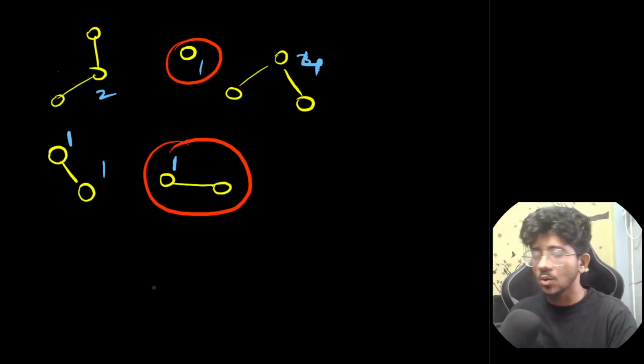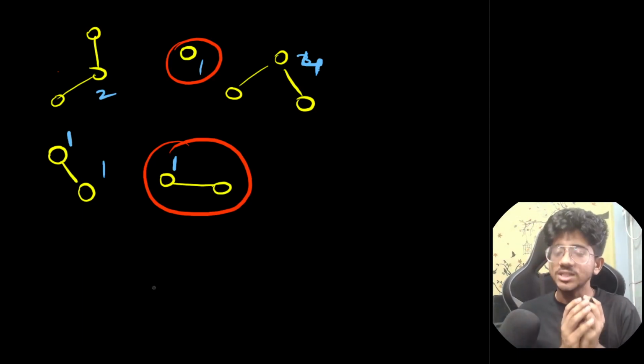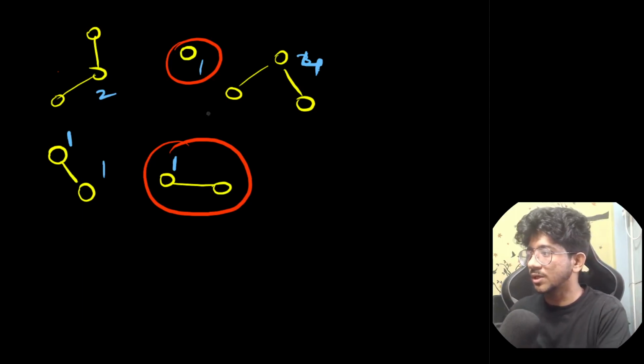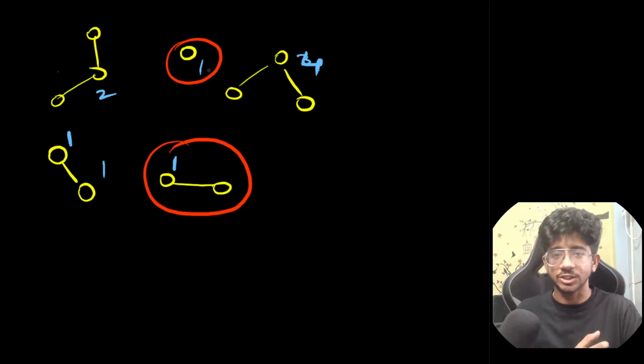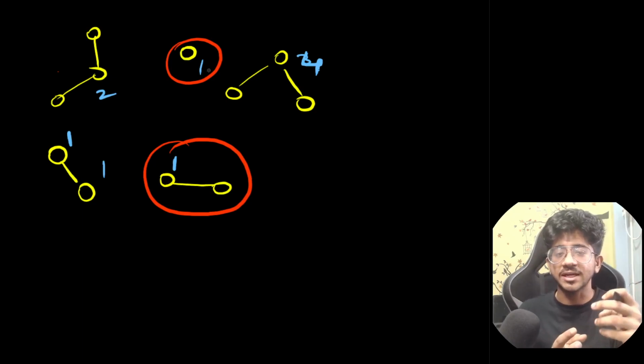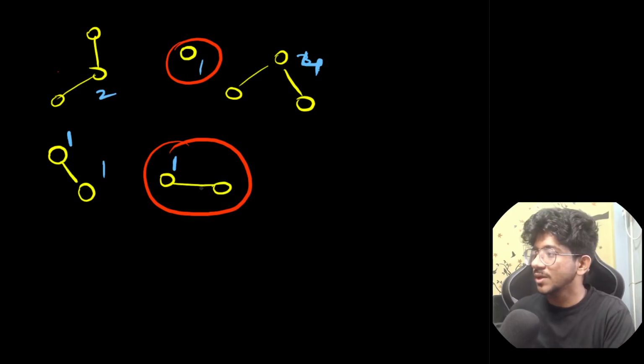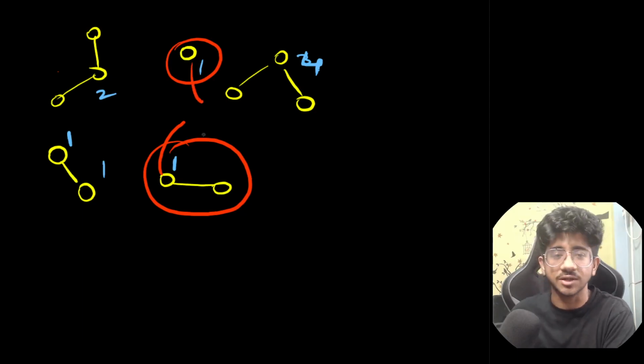Okay, why? Because once you have a component, it's either an internal node or a leaf node, right? So think about this particular portion that we're going to build using the rest of the nodes. It's either going to be exposed with just one edge, or it's going to be an internal node which is connected to multiple edges. Since it is a tree, there has to be some parts which get exposed at the end, right? So the one node has to be an exposed portion. This has to have some outgoing edge, and it has to end somewhere.